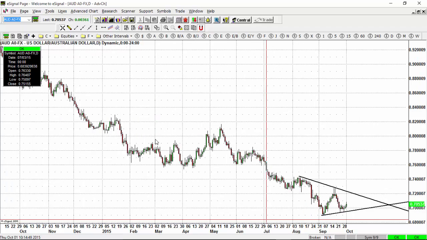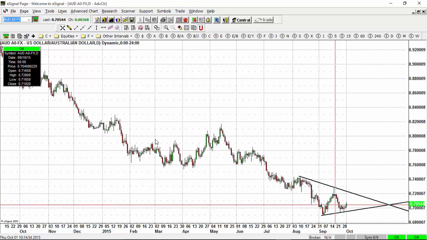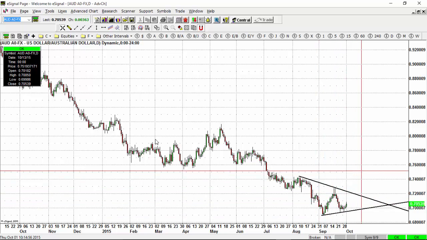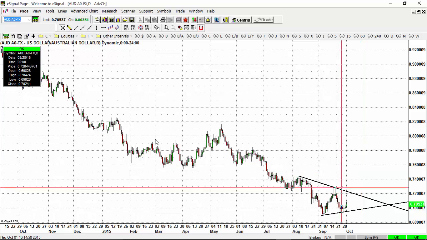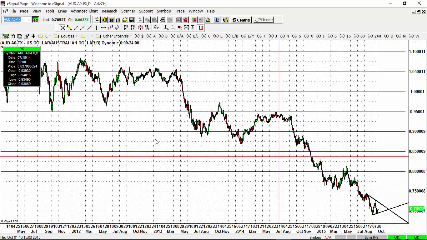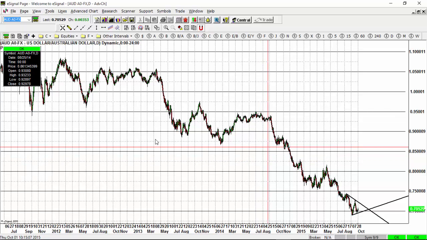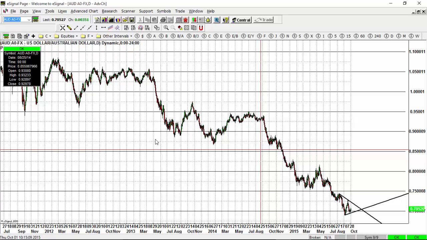If we do break below this 69 level, we could see a move down to 67 cents or even 65 cents. The Australian dollar has been in a very strong downtrend over the last couple of months, and it's taking its cue from the gold and silver markets, because they say the Australian dollar is closely associated with what happens with gold.